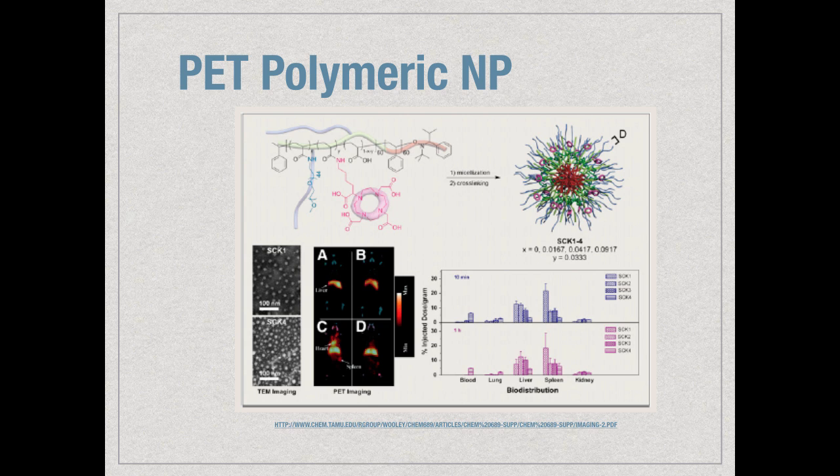If you label this with a PET tracer, you'd be able to image, which allows you to quantitate, and PET is quantitative. So you'd be able to image exactly where your nanoparticle is going and quantitate how much is there. And then you'd also be able to keep track of its biodistribution and get percent injected dose per gram.